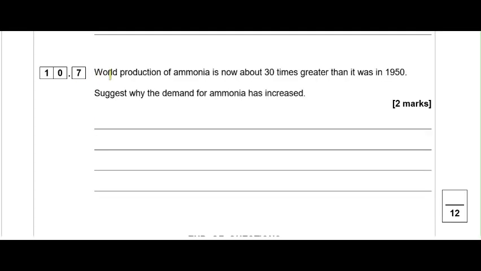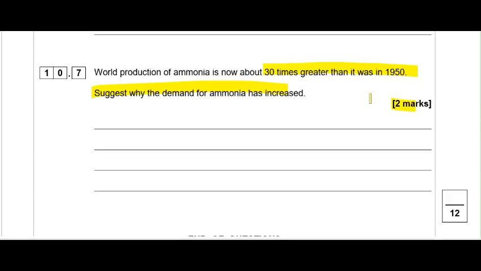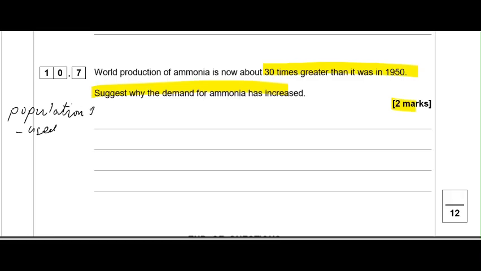So now to the final question, 10.7. World production of ammonia is now about 30 times greater than it was in 1950. Suggest why the demand for ammonia has increased. And this is for 2 marks. These questions usually involve anything to do with the world stuff is usually down to population growth.